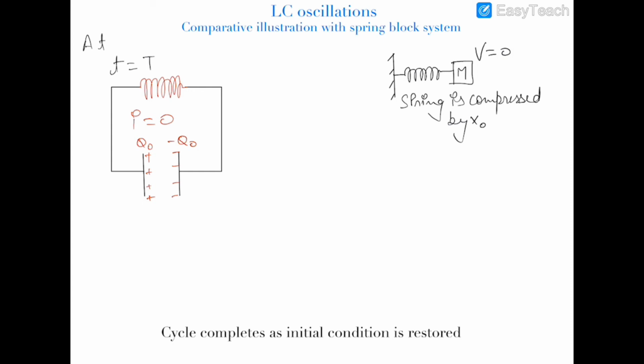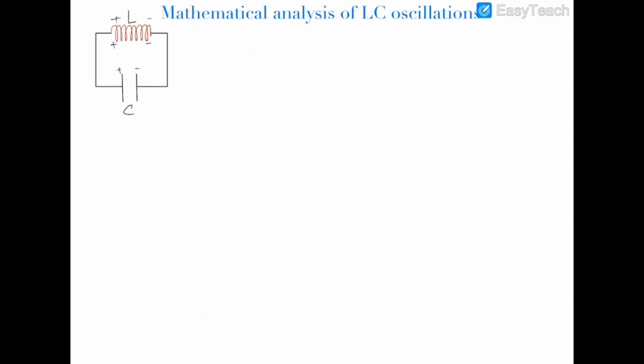Now moving further, coming on to the mathematical analysis of LC oscillations, you can see the inductor and capacitor are always connected in parallel to each other, and let's suppose a situation in which the capacitor is charging the inductor.